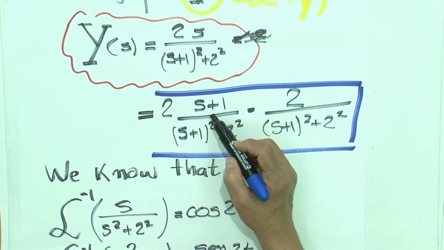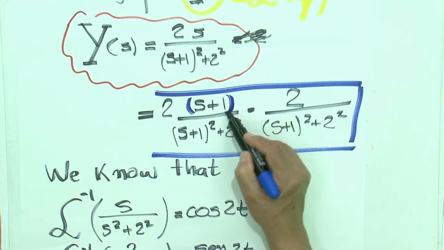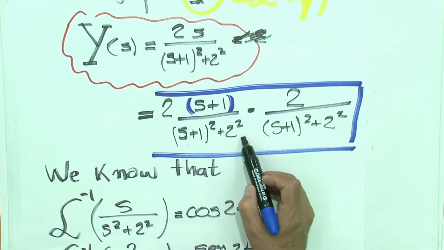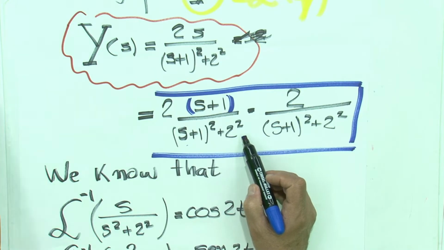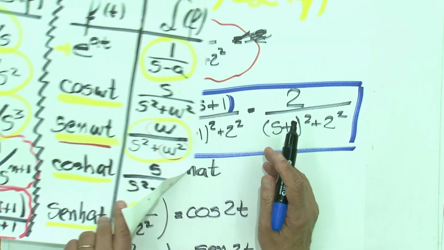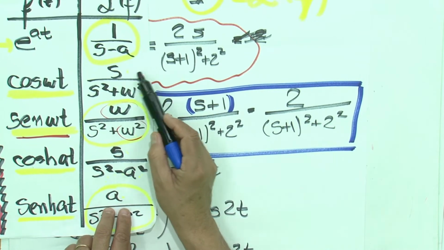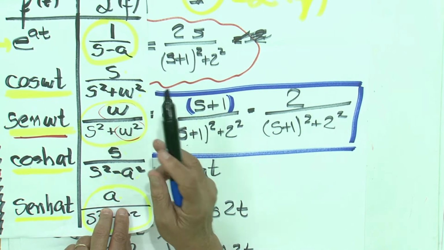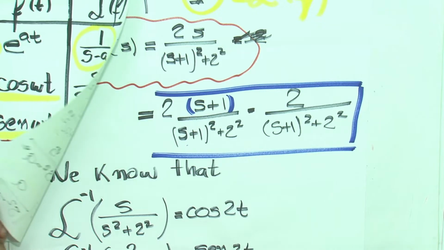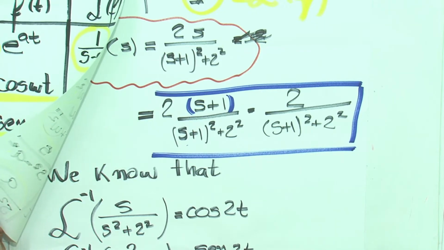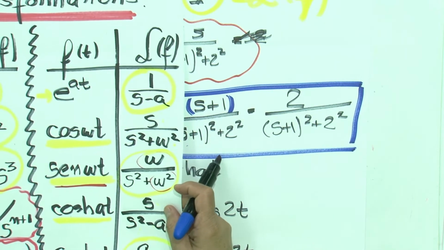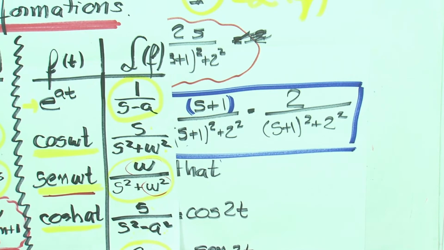Now I identify here s plus 1 divided by (s plus 1) squared plus 2 squared. And that sounds like cosine, but cosine displaced by 1. You agree? And we learned before that a function that is displaced by 1 is like having a multiplication by another function.